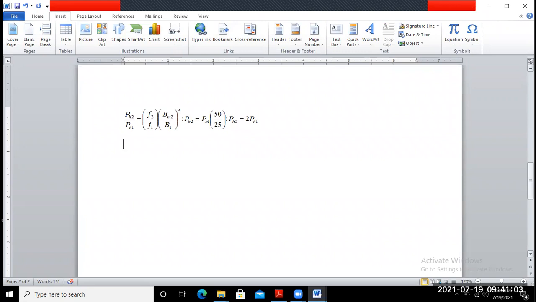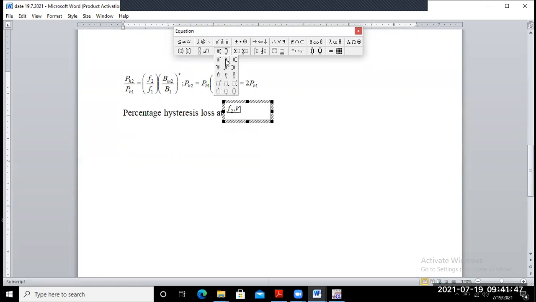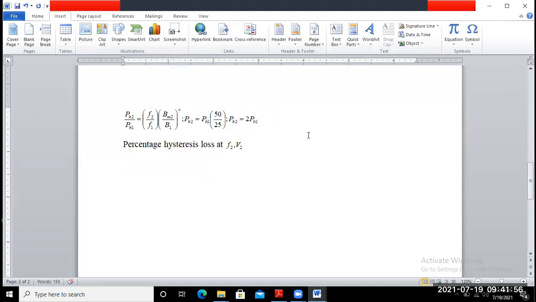So percentage hysteresis loss at F2, V2 is represented as Ph2 divided by P2.